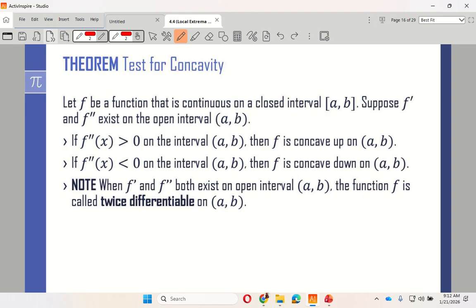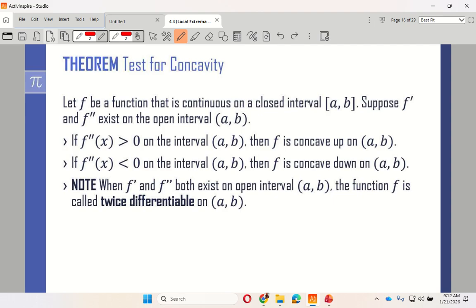What type of point is that? It's a minimum, right? So it's kind of counterintuitive for this. So if it's concave up, I have a minimum, but the second derivative is going to be positive, right?